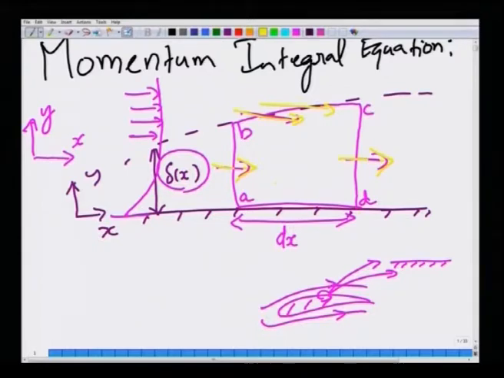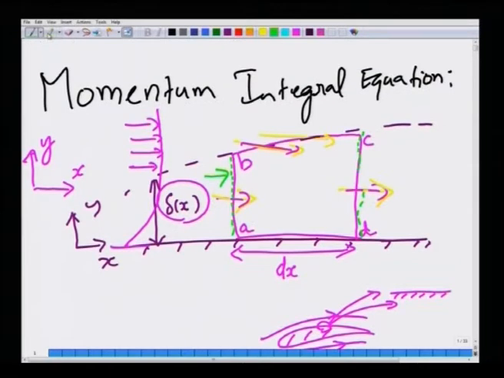Now, the forces that act on the various faces are, firstly, the pressure force along the face AB, which will be in the plus x direction. Along the face CD, the pressure force will be in the minus x direction.